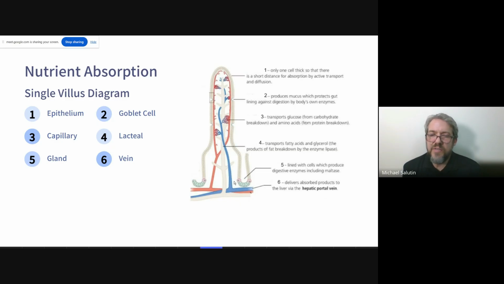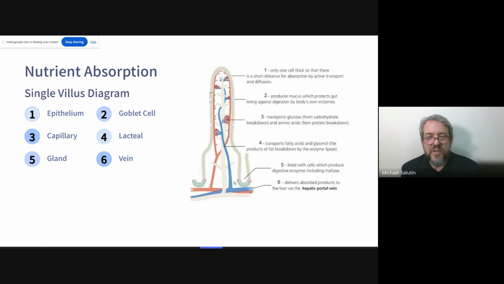You can see these are little nets and networks of tiny blood vessels. They pick up through that one cell thick layer the completely simplified nutrients, the simple sugars like glucose and the amino acids, into the bloodstream.